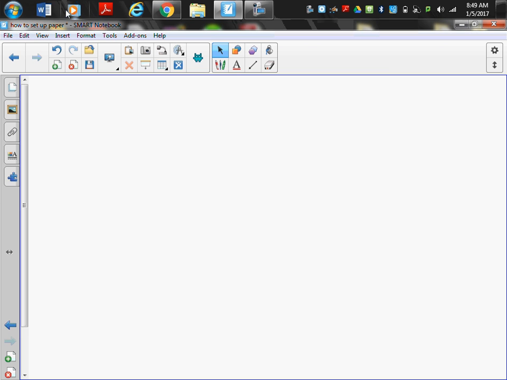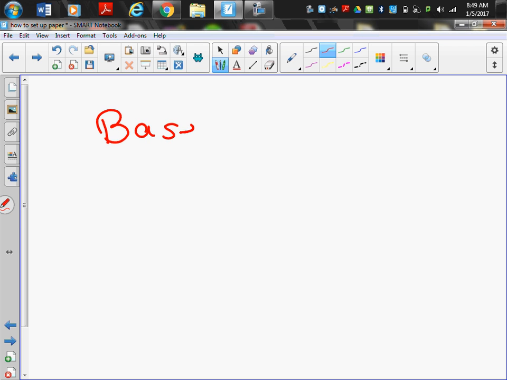The base. That's the piece that not necessarily sits on, but it's a piece that does not have to be a rectangle, square, or triangle.